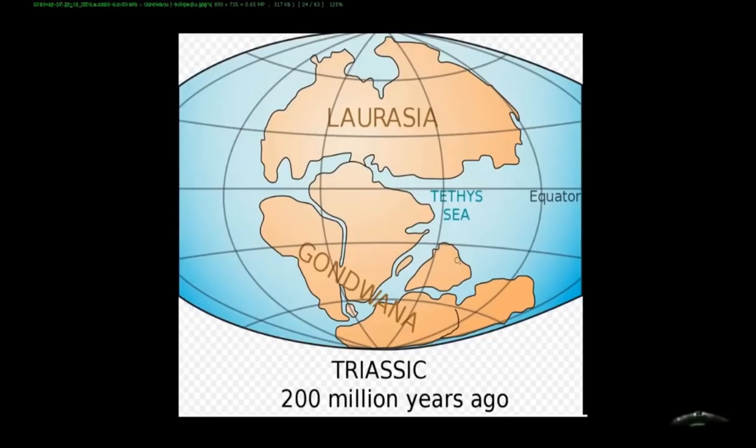About 200 million years ago in the Triassic, Africa was part of Gondwanaland, and that's right here. Antarctica, Australia, India. So that's about 100 million years before this structure started to form over here.